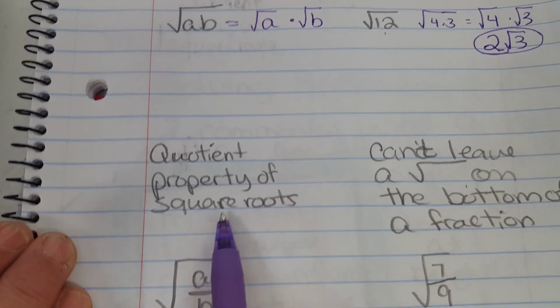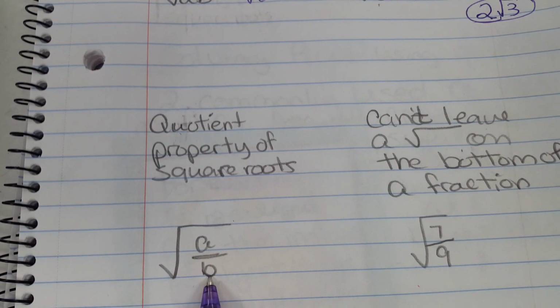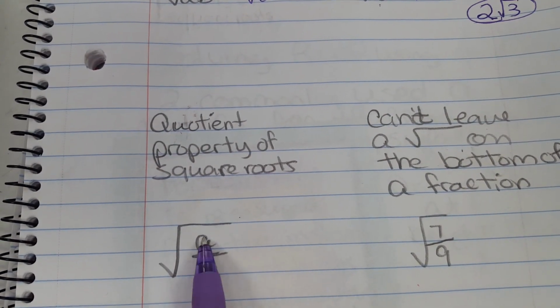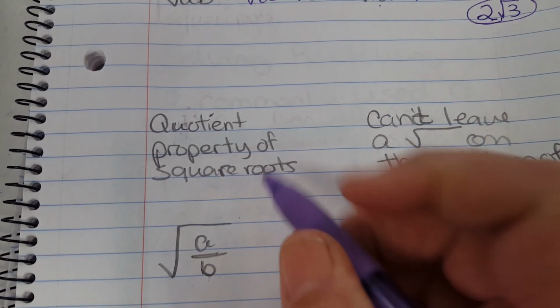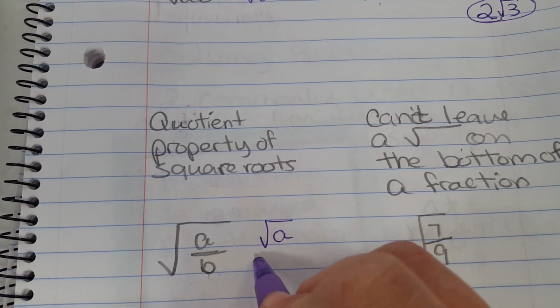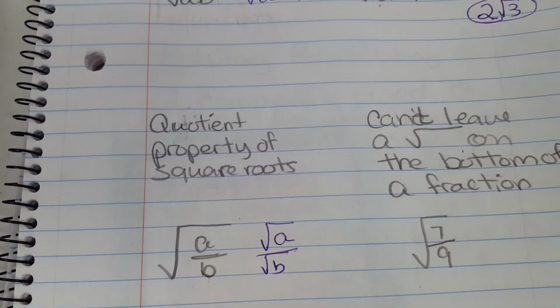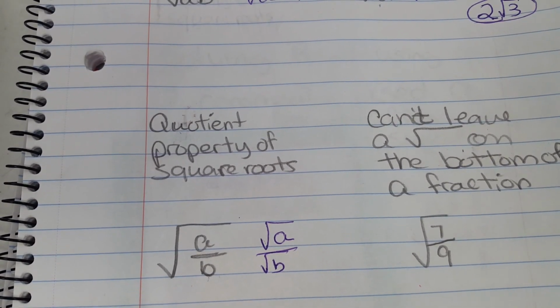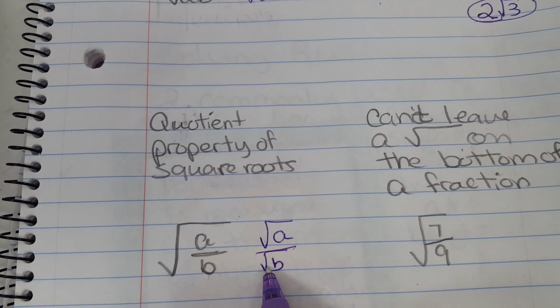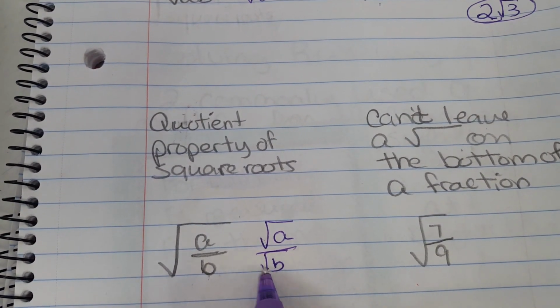The quotient property of square roots looks like this. If you take the square root of a division problem, then it is allowed to break into the square root of a over the square root of b. Each square root is its own entity. Now the problem is you can't leave a radical on the bottom.